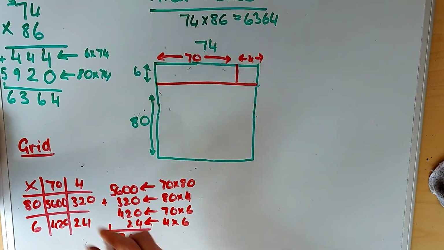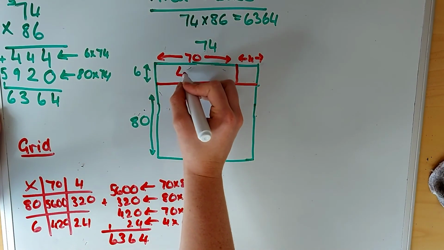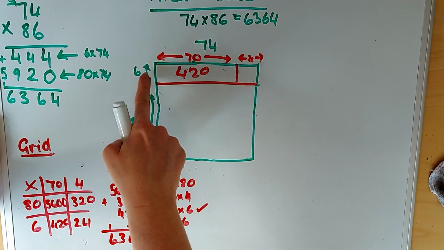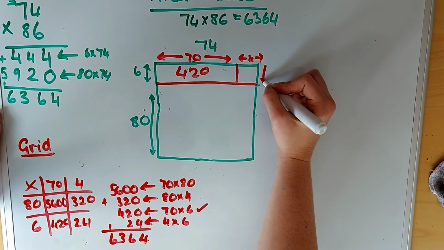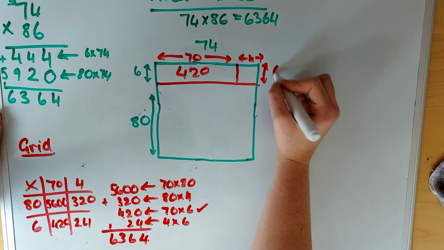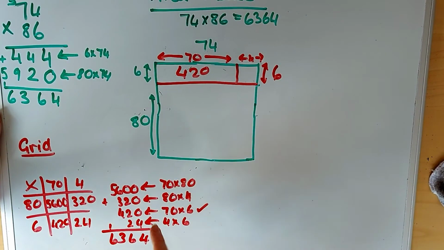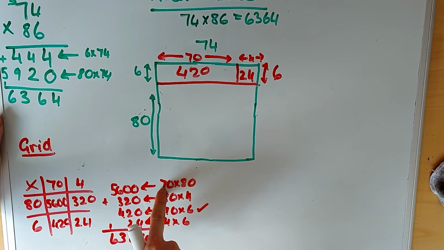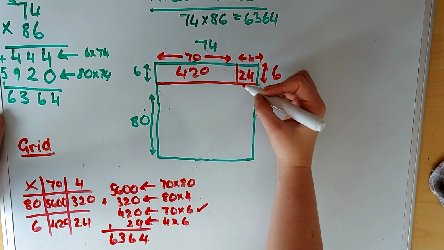So 70 multiplied by 6 is 420. And then 4 multiplied by 6, because this part will be exactly the same as that part, will give me 24. And then here I've got 80 multiplied, let's look at this one, 80 multiplied by 70.